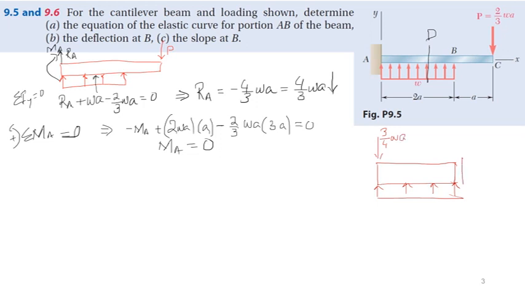Following the sign convention, if the shear force V acts downward we take it positive, and the moment acting in this direction we take positive. This is valid when we take a section at D, and this distance obviously will be x.